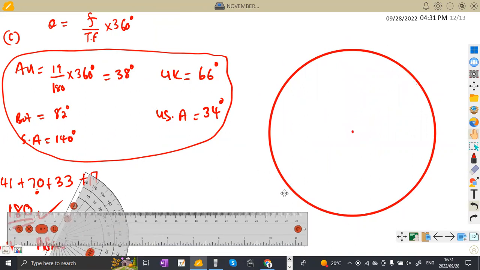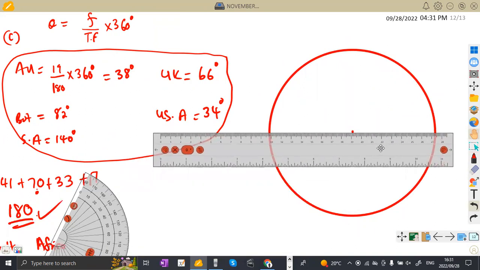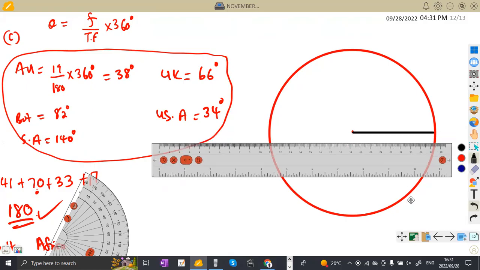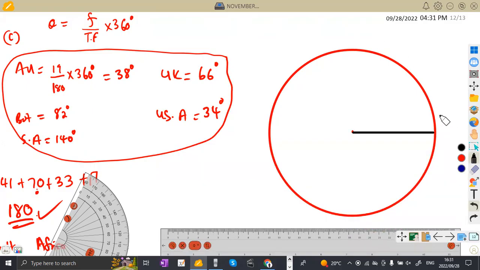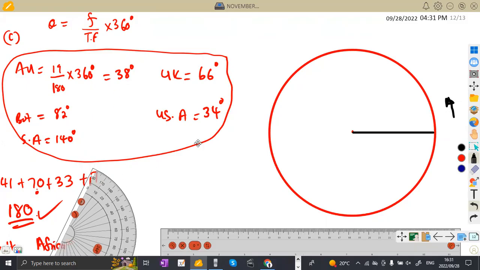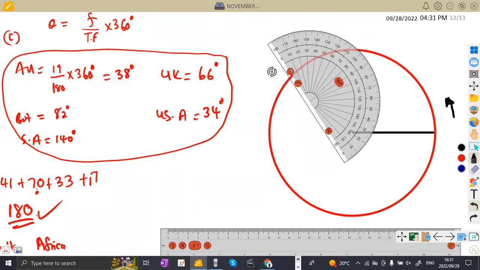So from this circle, you draw a reference line that you're going to use as your reference, actually, to say from this line, I'm going to take my angles either in an anti-clockwise or in a clockwise direction. So in this case, I'm going to move this way in an anti-clockwise. Okay, so the first one is 38. So you measure your 38 degrees.